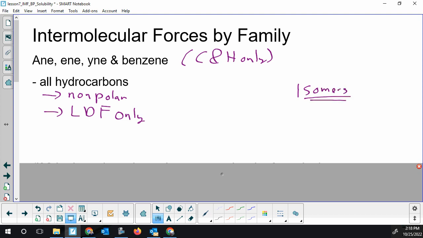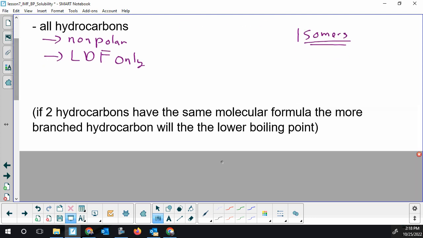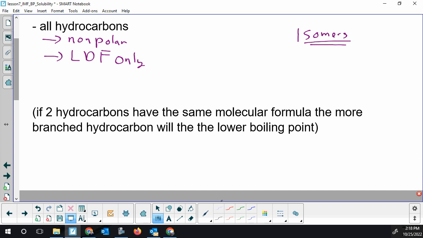Okay. If you have 2 isomers that have the same formula and the same electron count, okay, you're going to have to look at branching to kind of break the tie. If 2 hydrocarbons have the same molecular formula, call those isomers. Okay. The more branched hydrocarbon will have the lower boiling point.